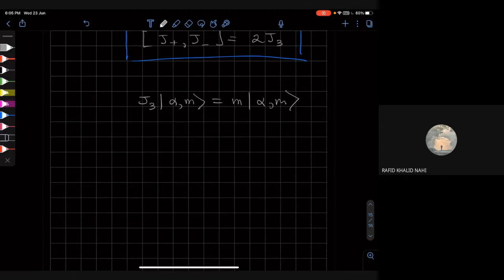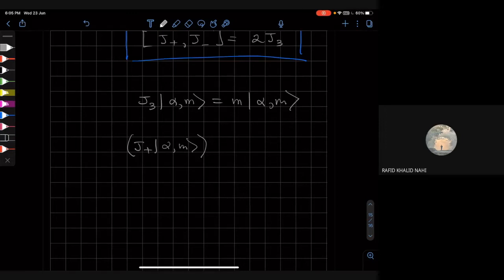Now let's see what happens to the J3 eigenvalue if I apply J plus on this vector. So let's take J plus and act on this vector, then ask ourselves, what is going to be the J3 eigenvalue?